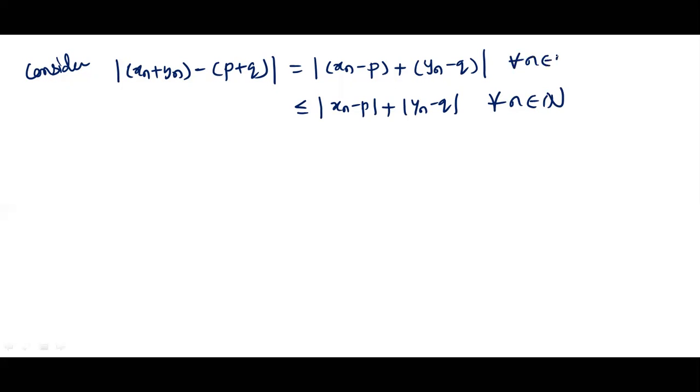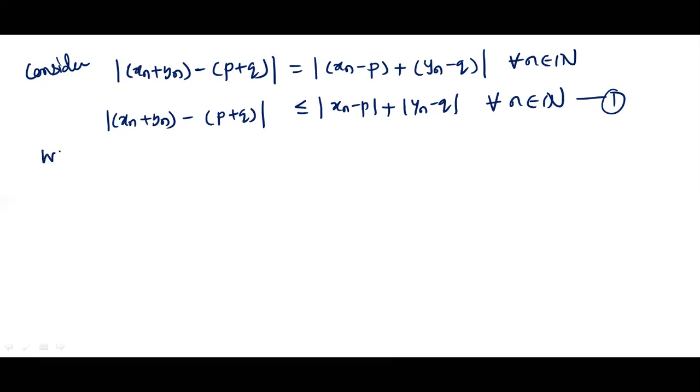Now we have mod of xn plus yn minus p plus q is less or equal to mod of xn minus p plus mod of yn minus q, and it is true for all natural numbers n. Let's call this 1.